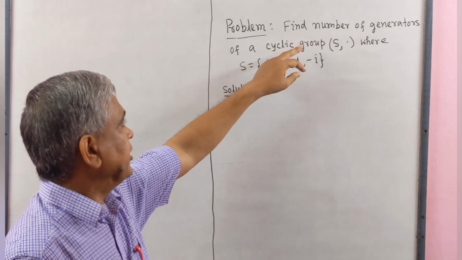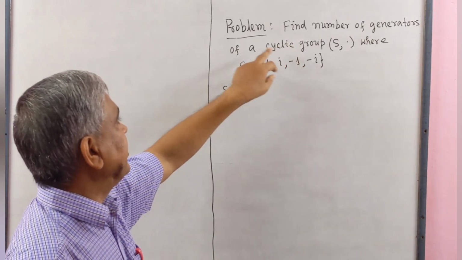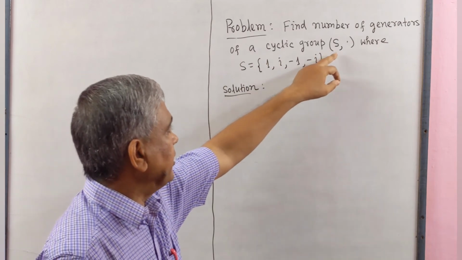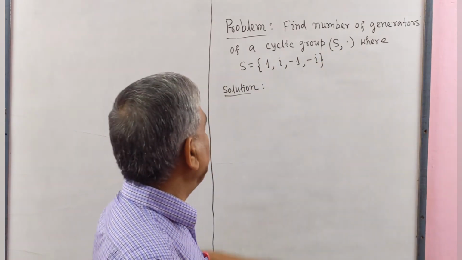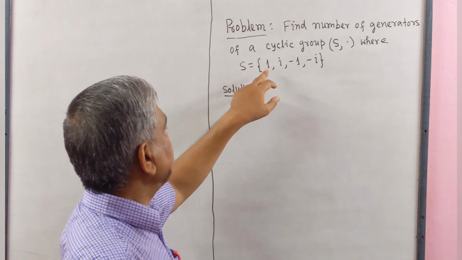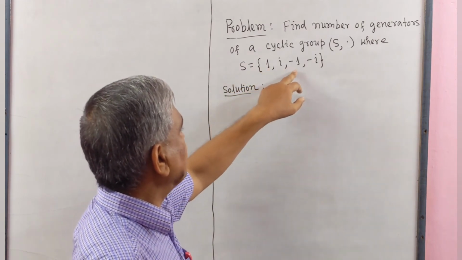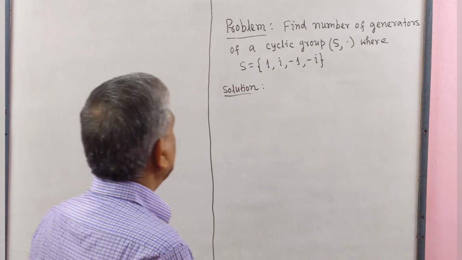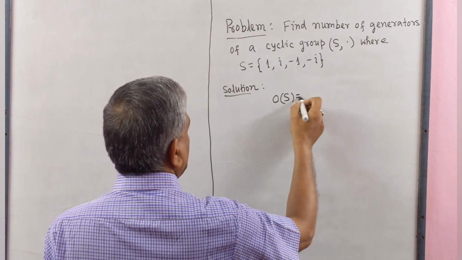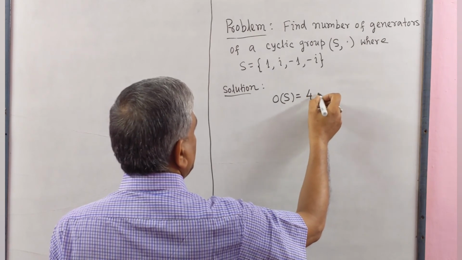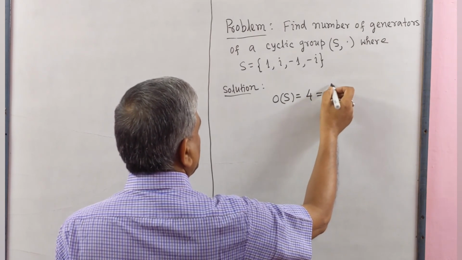Now we solve the next problem. Find the number of generators of a cyclic group S with binary operation multiplication, where S contains elements 1, i, minus 1, minus i. Here order of S is equal to 4. This is equal to 2 square.